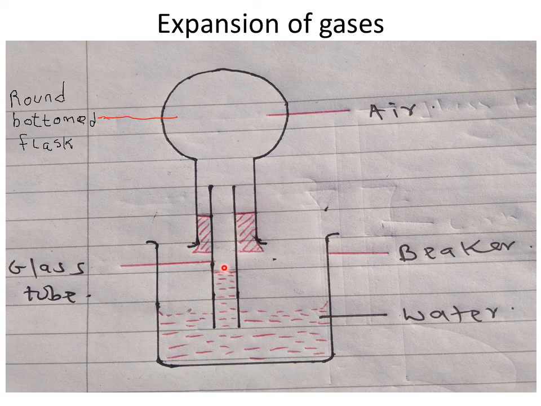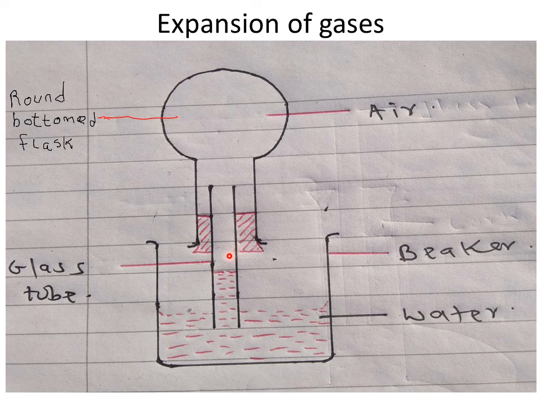Now why do the bubbles appear? These bubbles represent air which has expanded, escaping out of the glass tube. The bubbles form showing that actually there is expansion of air which is escaping from the round bottom flask.